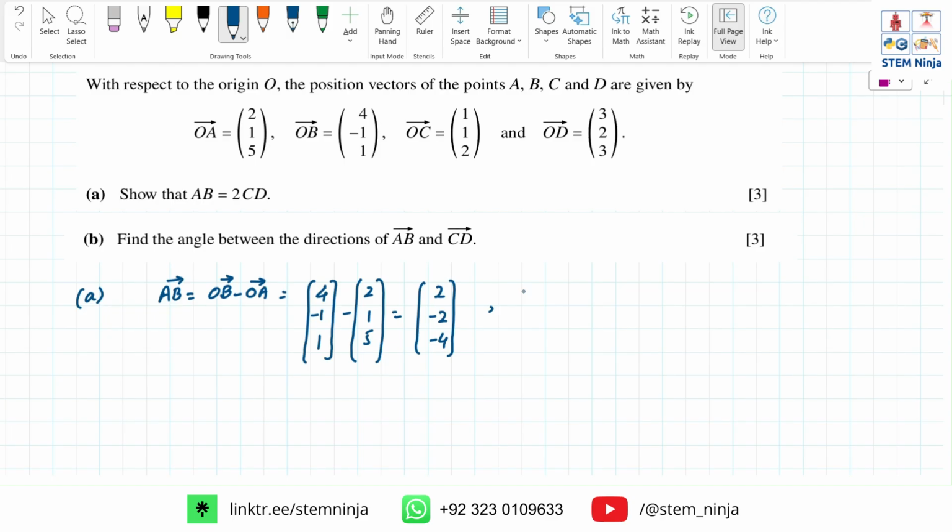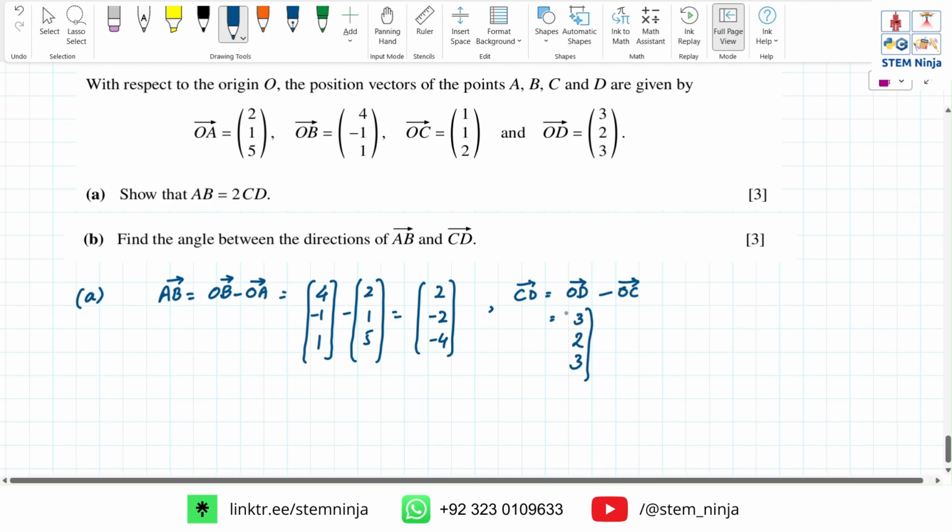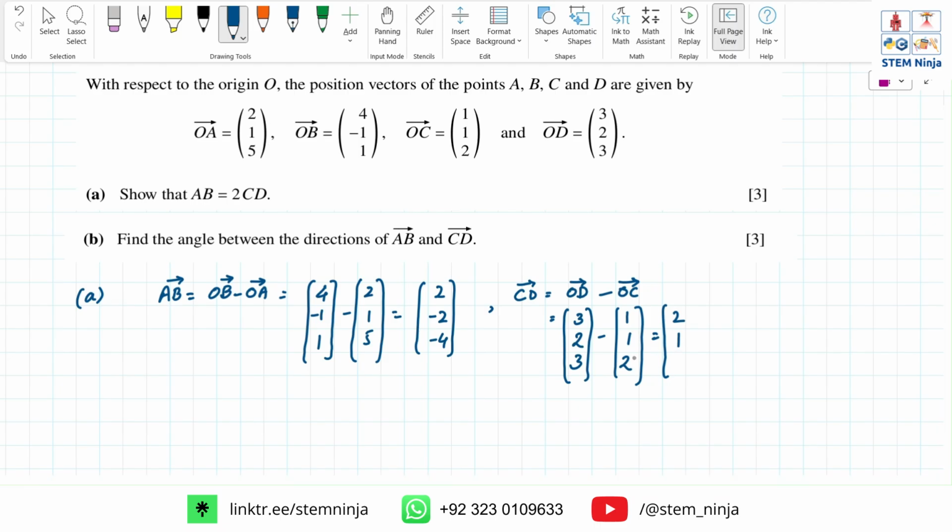Similarly, we can do CD, that is going to be OD minus OC. So OD is 3, 2, 3 minus OC, which is 1, 1, 2. So 3 minus 1 is 2, 2 minus 1 is 1, and 3 minus 2 is 1.